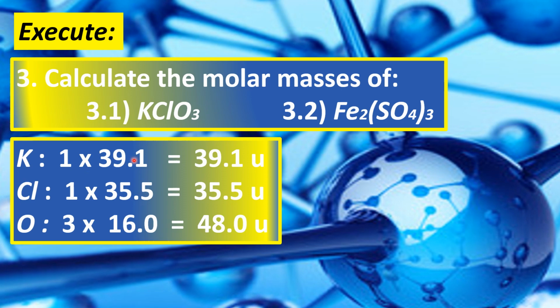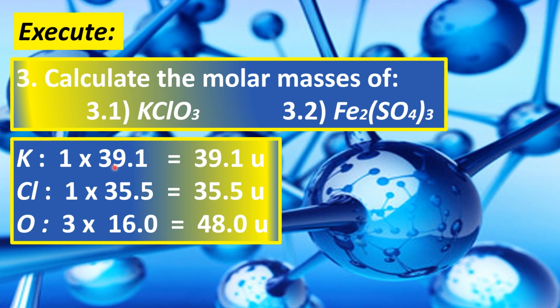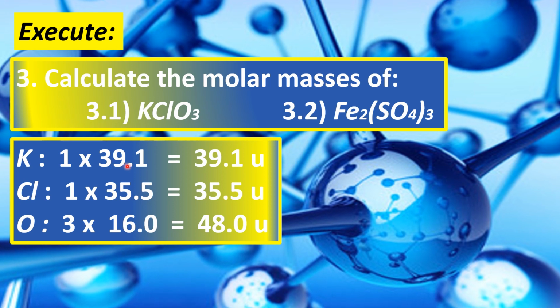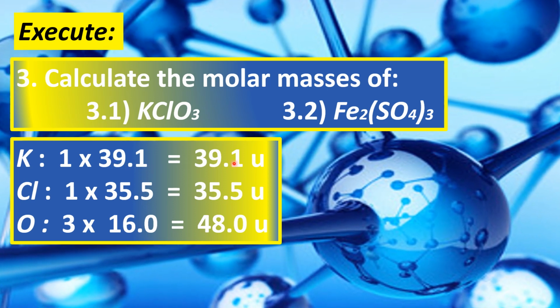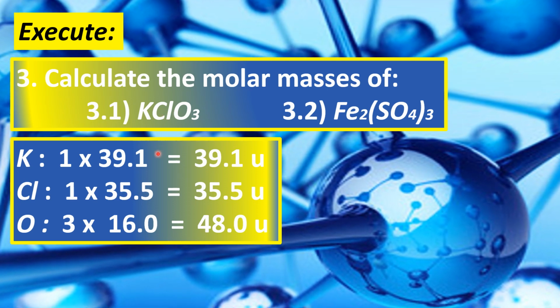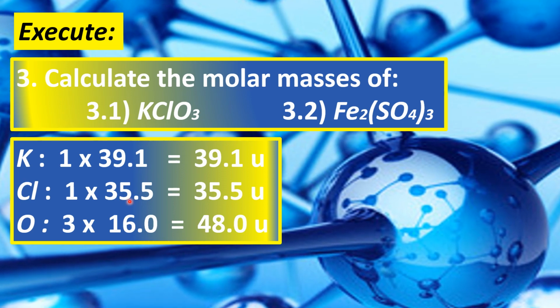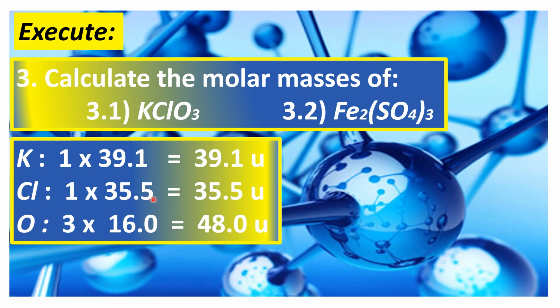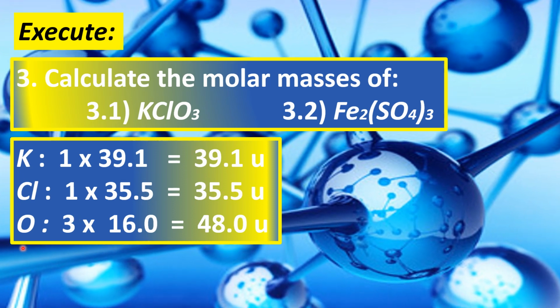There is only one potassium in potassium chlorate, and each potassium atom has an atomic mass of 39.1 U. Likewise, there's also one chlorine atom, and each chlorine atom has an atomic mass of 35.5 U. But there are 3 oxygen atoms.